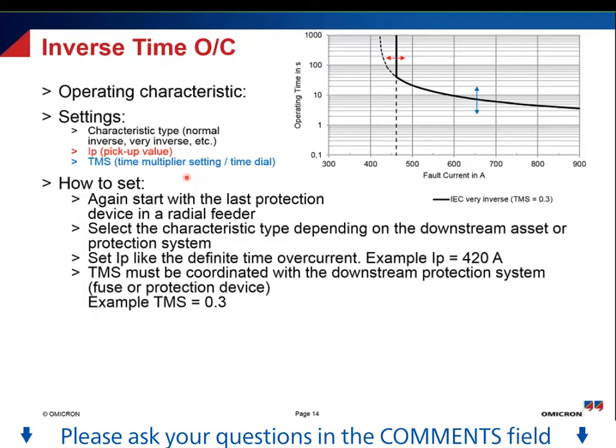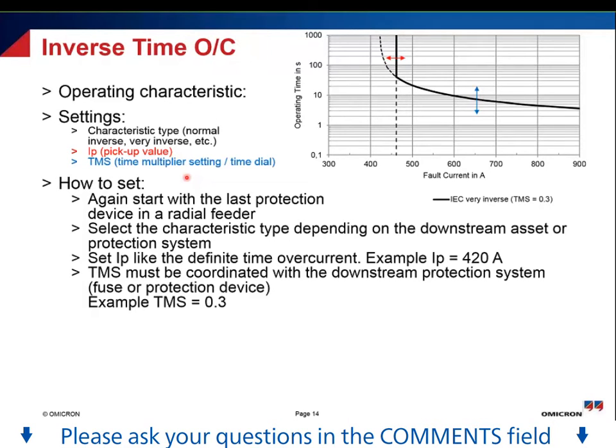For example, if there is a fuse that should be emulated by the inverse characteristic, or if there is a motor with overload characteristics that should also be taken into account by the upstream protection devices, that all has an influence on the characteristic type of the inverse characteristic.